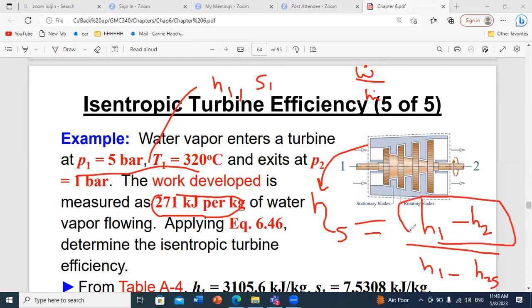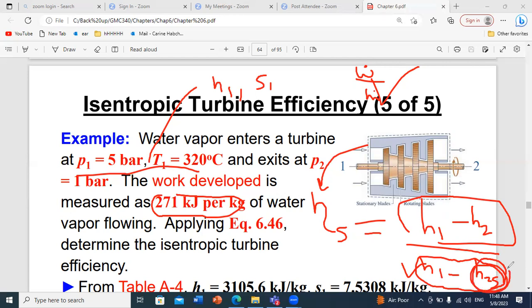Okay? Since you got H1, if they asked you for H2, you can find it because you know this. So you know this delta, which is W dot over M dot real. You just still need to determine W dot over M dot ideal, which is the isentropic case. Okay? Since you know H1, you just have to look for the value of H2S.